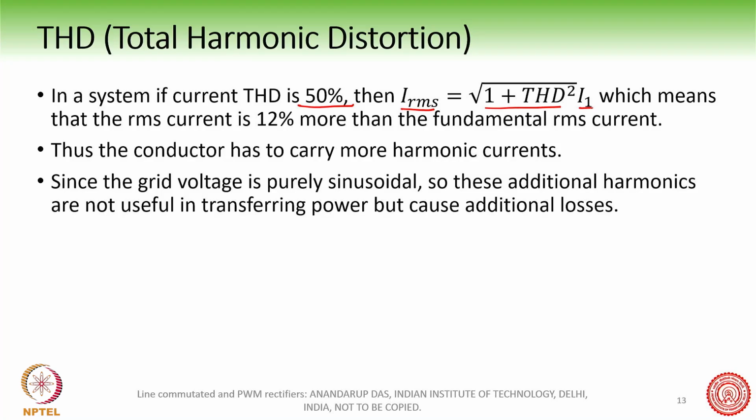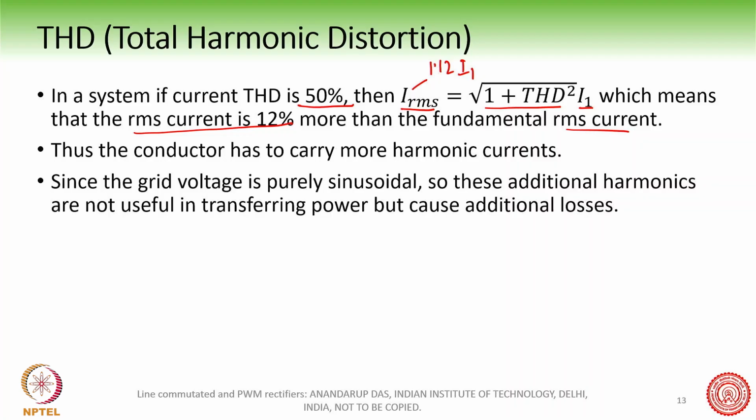Which means that in this equipment the RMS current is 12% more than the fundamental RMS current. If you plug in the value, THD is 0.5, squared, and you will find that the RMS value is 1.12 times I1.